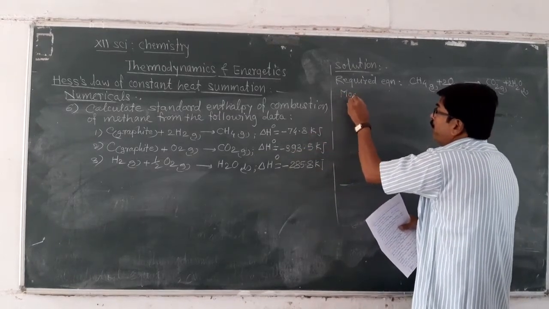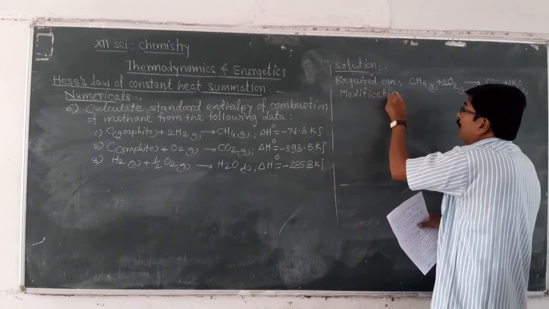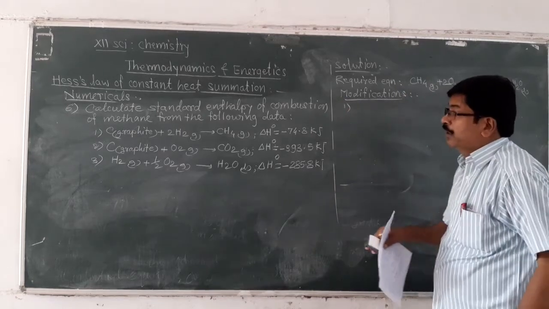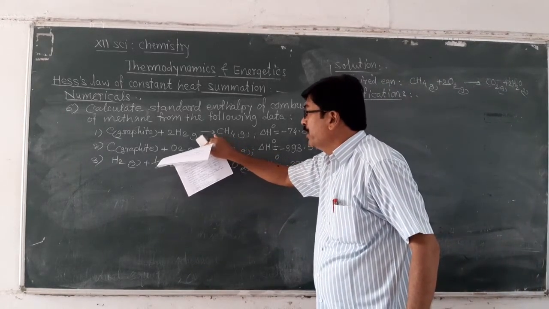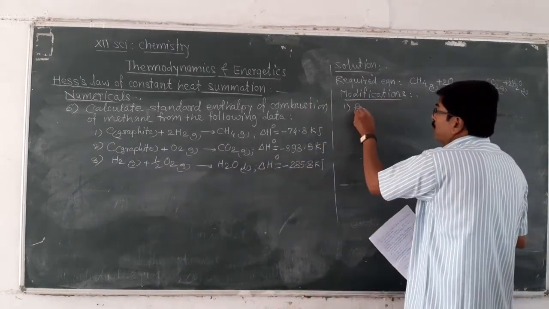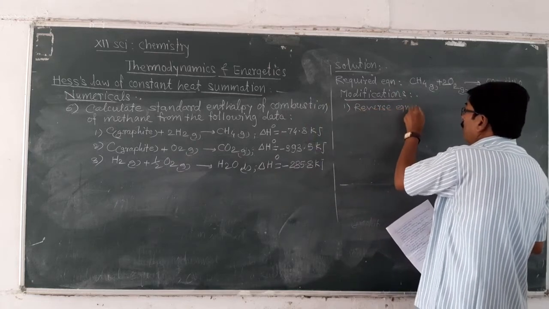Now what modifications are done? First, we want 1 mole of methane on the reactant side, but in equation 1 it is present on the product side, therefore reverse equation 1.